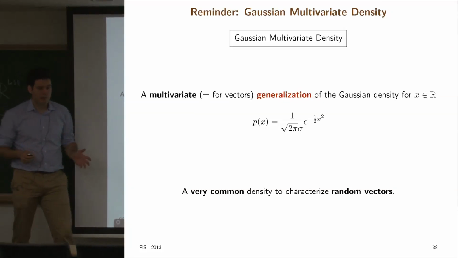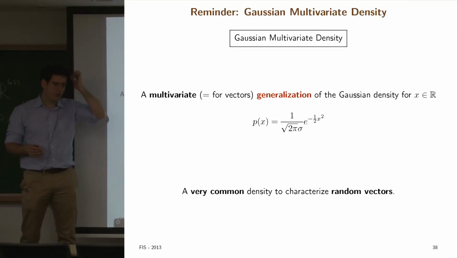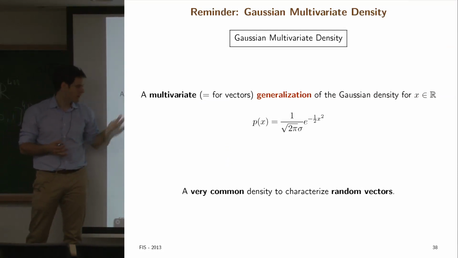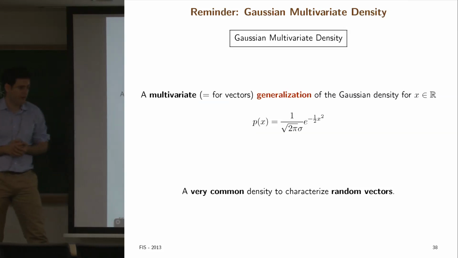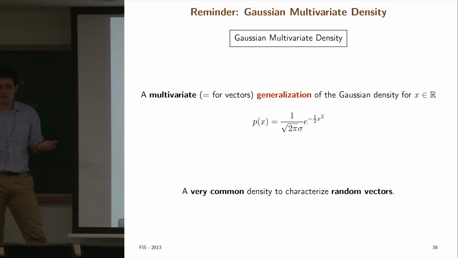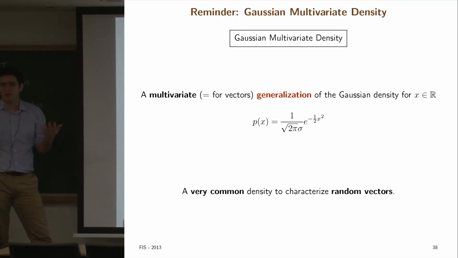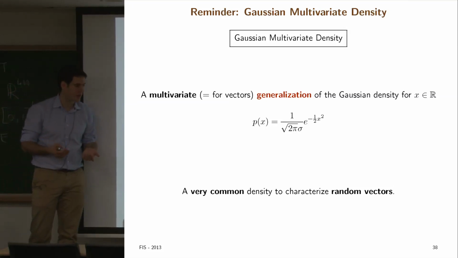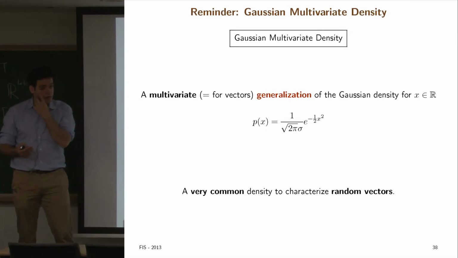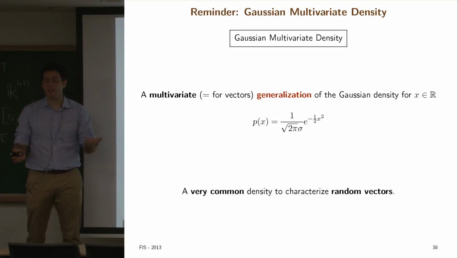I think that many of you should know the multivariate generalization of the Gaussian density, but if you don't, I will describe it very briefly. The Gaussian density gives you an idea of the randomness of real values. What if we want to measure randomness in vectors?